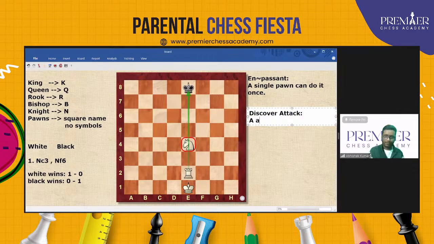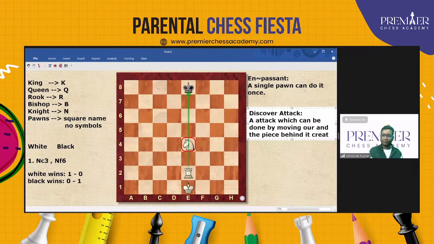Attack which is covered by our own piece, or we can write it like this: attack which can be done by moving our piece, and the piece behind it creates the attack.